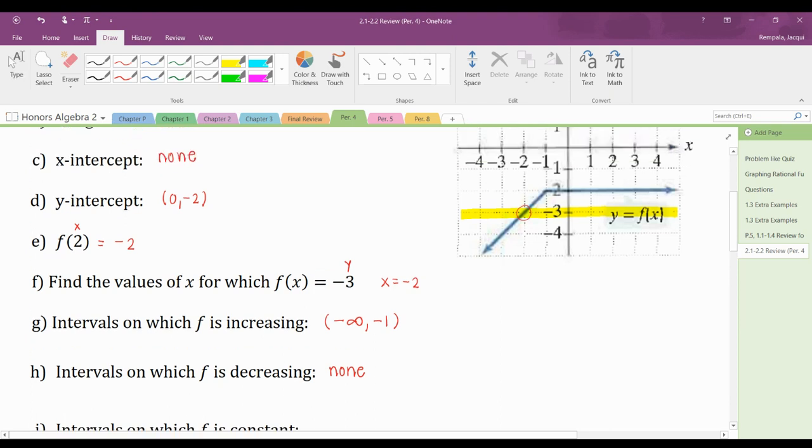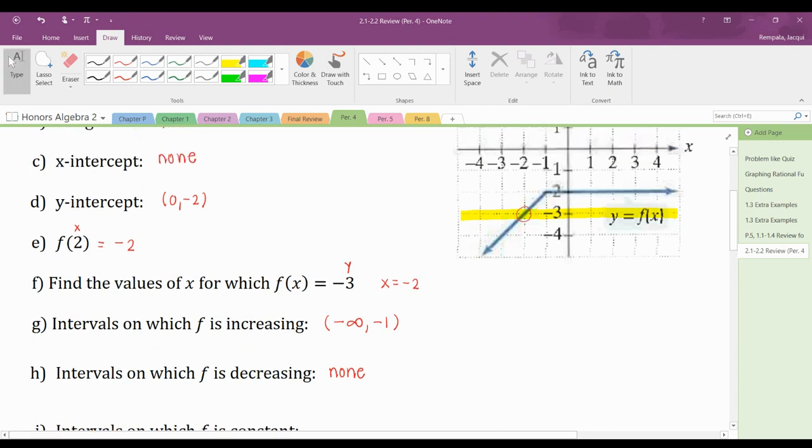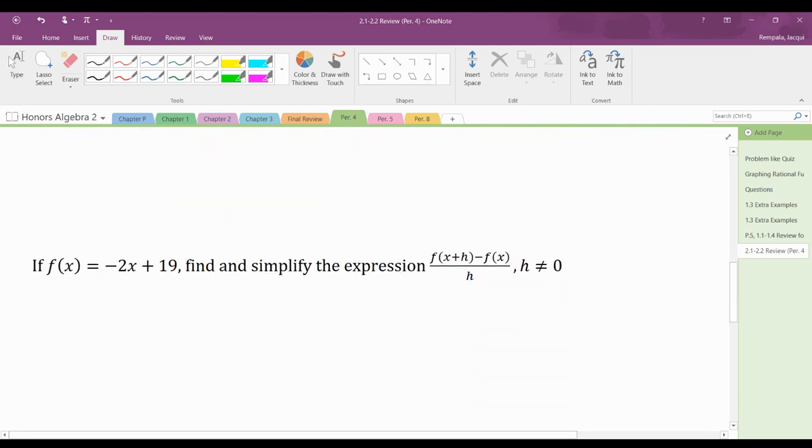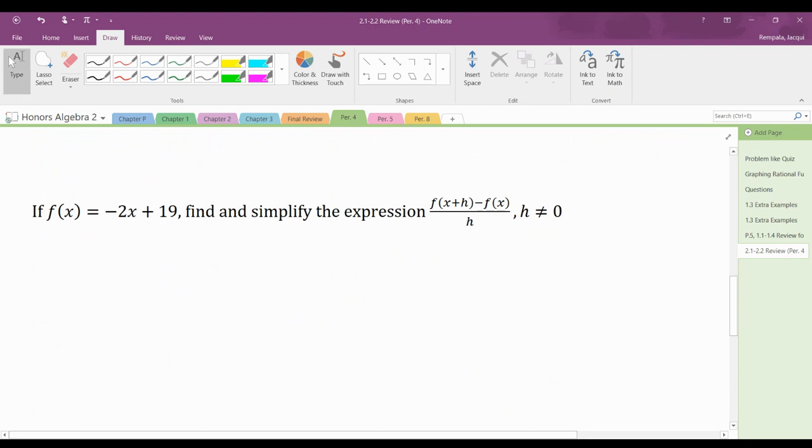So we want a nice horizontal line. I see that in this graph. If I look at the x values, it starts at -1 and then it has an arrow, so it just keeps going. But remember, it's an open interval, so I want parentheses, so it goes from -1 to infinity.